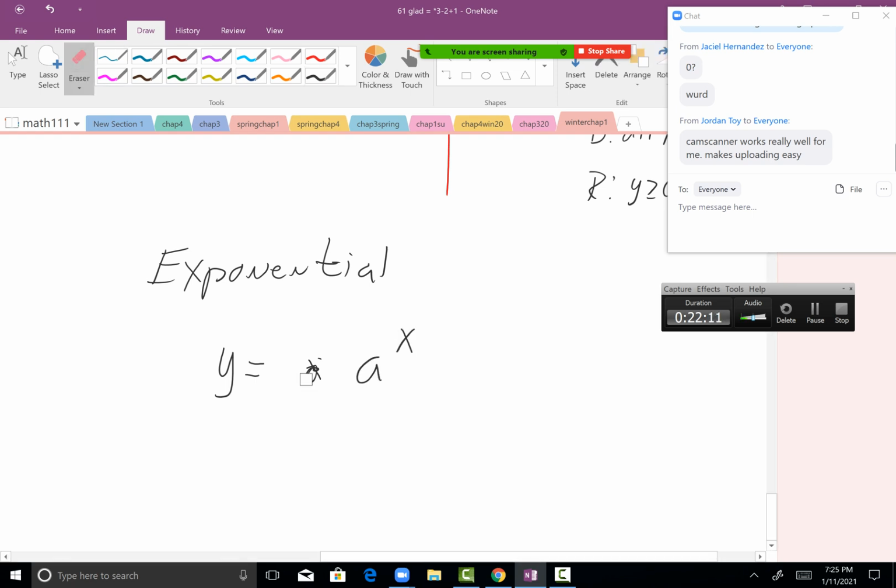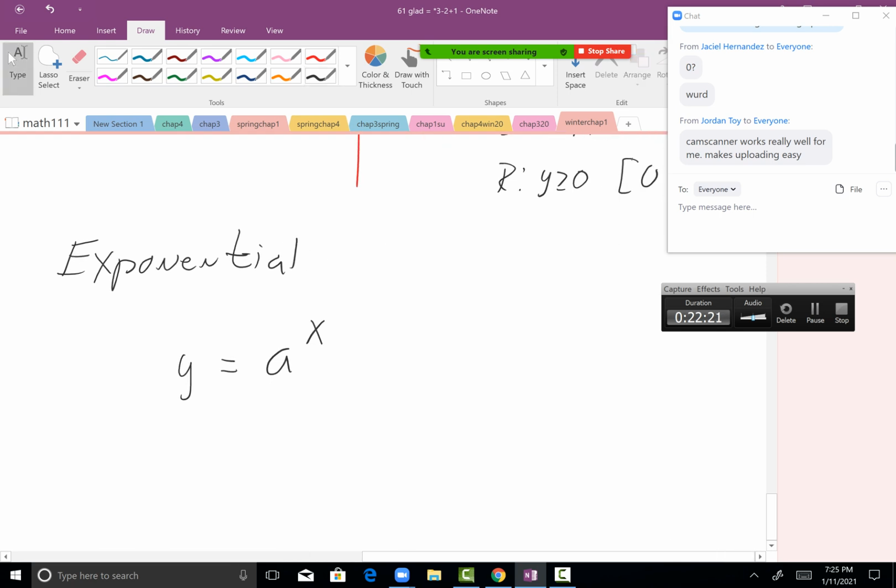So it sort of looks like that. So A is a number, right? So A is just some sort of a real number.